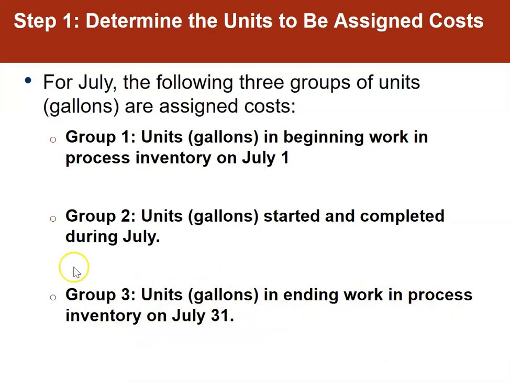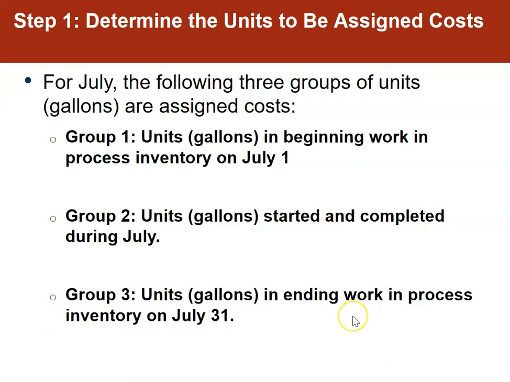And then group 3, it says units in ending work in process inventory on July 31st. So I want to talk about this group 3 just for a moment. Essentially what we're saying here is that we started so many gallons of production in the month of July. Some of those units that we started were not only started, but they were completed.